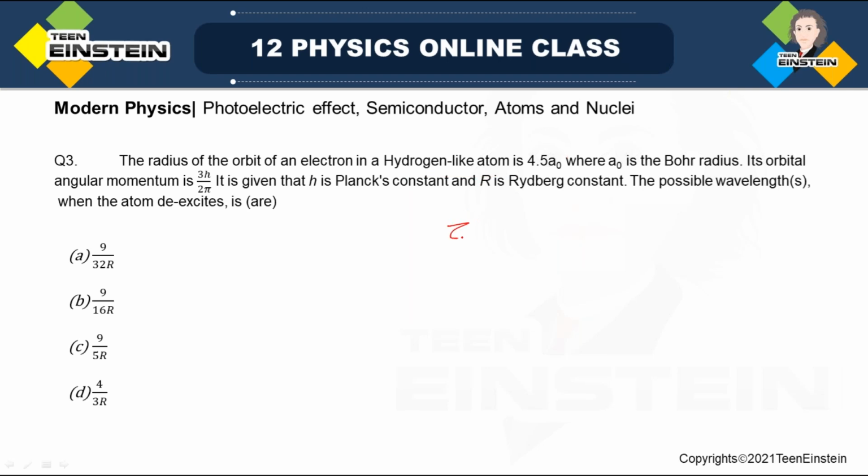In case of hydrogen, Z is equal to 1, but in case of a hydrogen like atom, it is other than 1: Z is equal to 2, 3, etc. Z is not equal to 1, it is greater than 1.